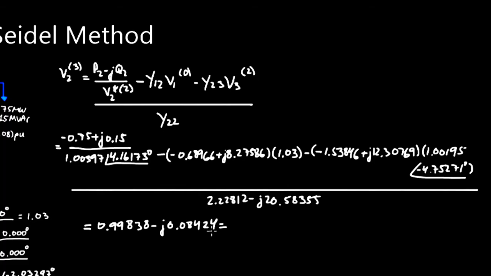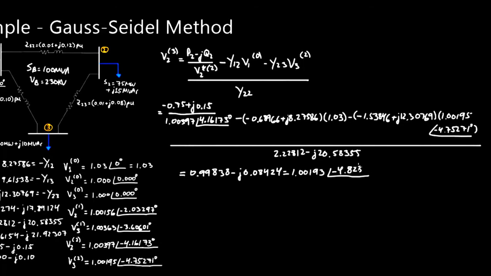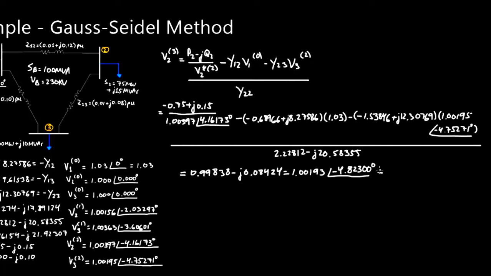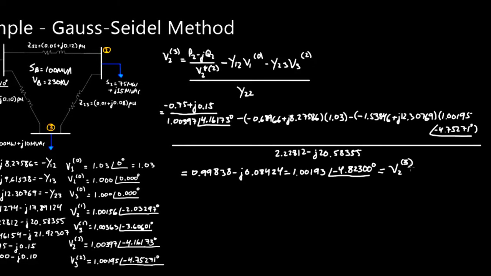And again, let's write this down in polar form as well, just so we can compare it to the previous result. This is 1.00193 at an angle of minus 4.82382. So this is again V2 iteration number 3.